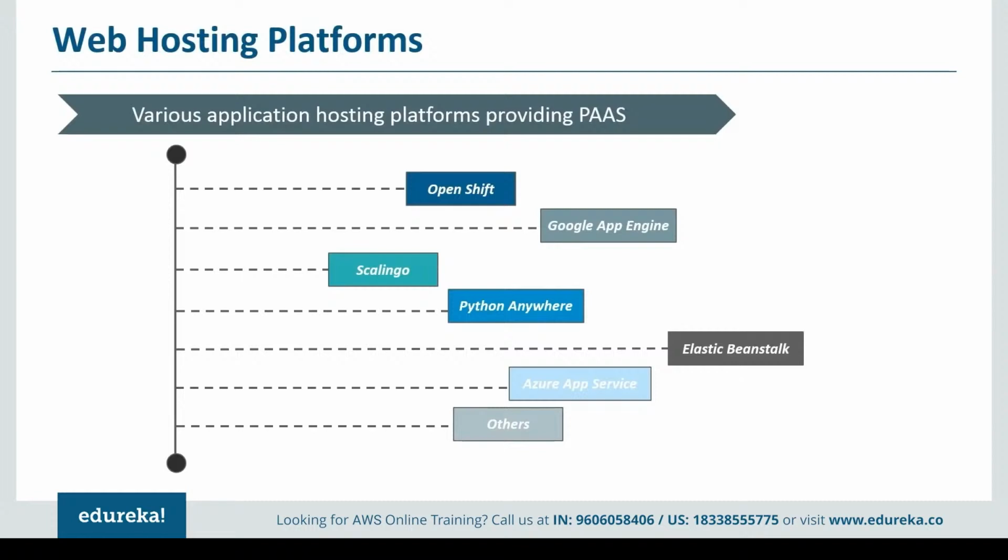Then you have PythonAnywhere, an online integrated development platform and web hosting service based on the Python language. Then you have Elastic Beanstalk offered by Amazon. Moving on, we have Azure App Services by Microsoft and many others. But today, our main focus will be on Elastic Beanstalk, which is a web hosting platform offered by Amazon.